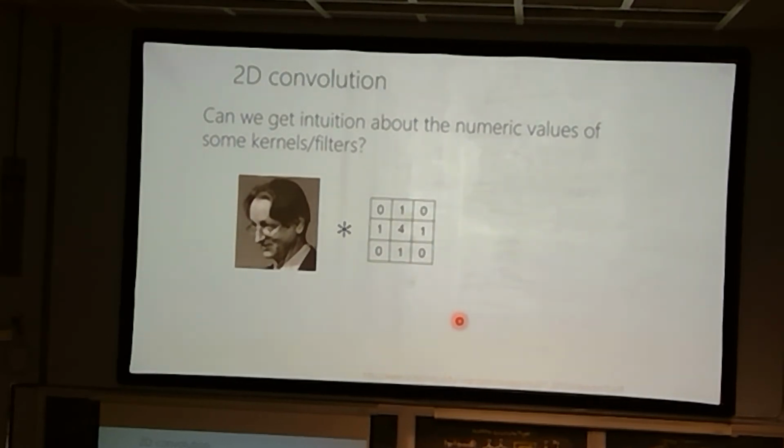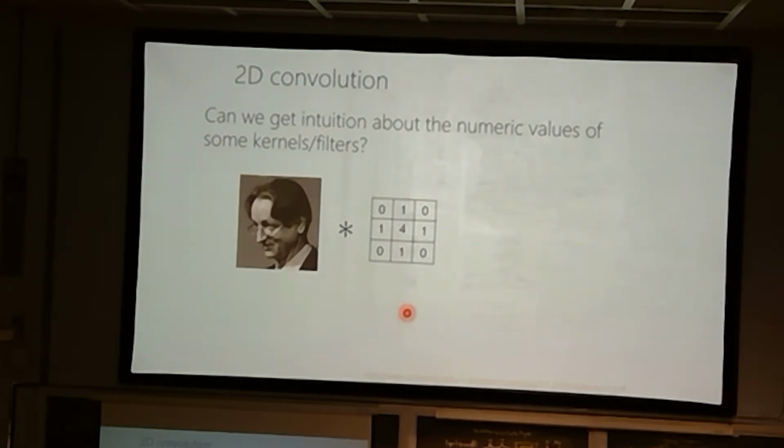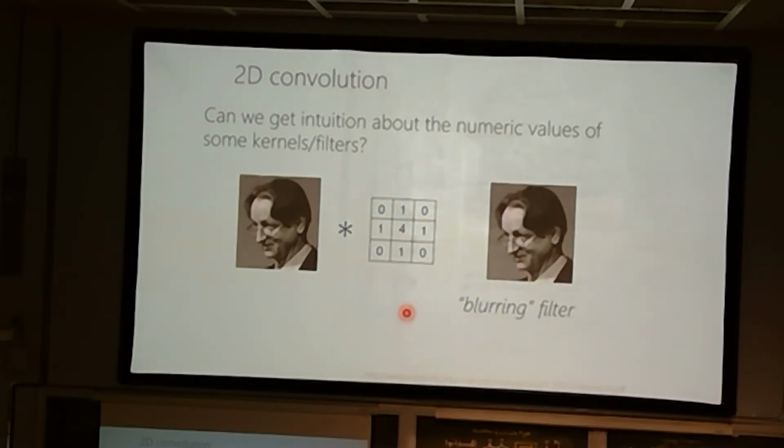If I convolve this particular filter with Jeff, what will it do to Jeff? Will it make him go bald? Any ideas? It'll look blurry. Yeah, this is basically a blurring filter.